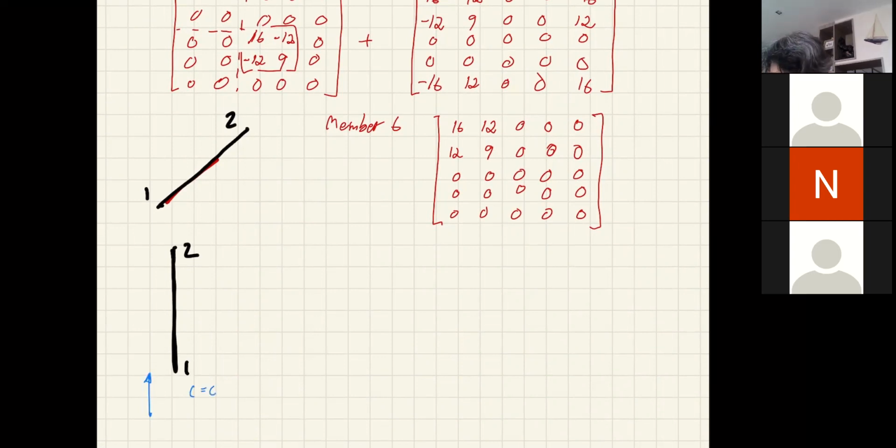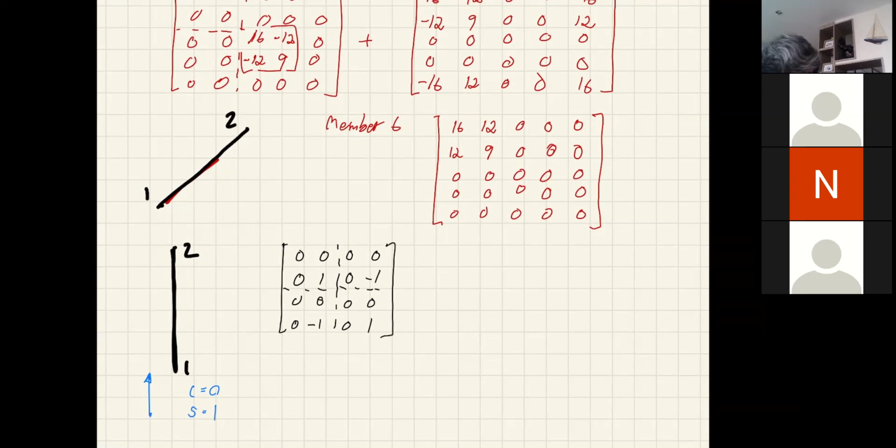So this means cosine is 0, sine is 1. And the stiffness matrix for the member itself is 0, 0, 0, 1, 0, 0, 0, 1, 0, 0, 0, minus 1, 0, 0, 0, minus 1.